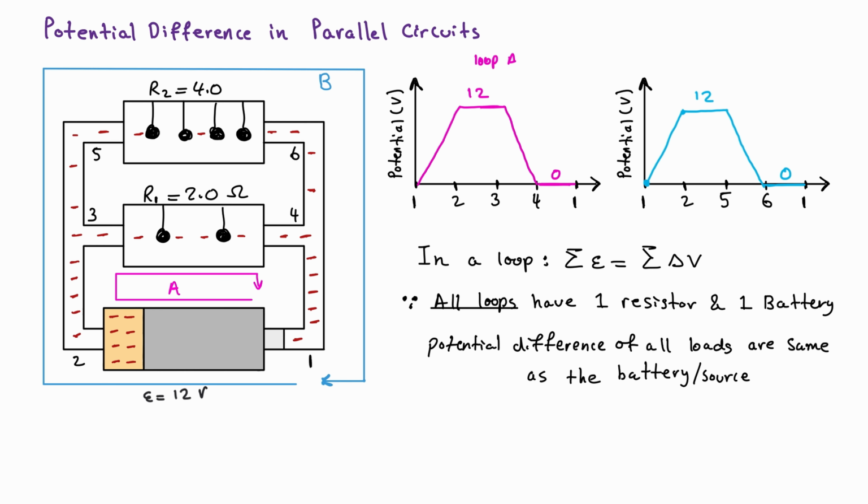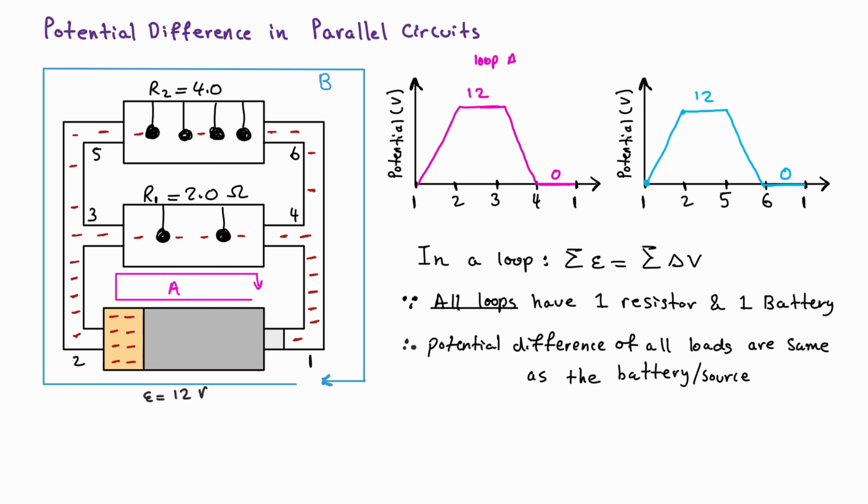So the way we write that, and we did this in the past, we said in a loop, the total amount of energy that's gained, or the total amount of potential difference gained, is same as the amount that's lost. Since all the loops have one resistor and one battery, so every loop that we look at has one source and one load, that would mean that the potential difference of all the loads are the same as the battery or the source.